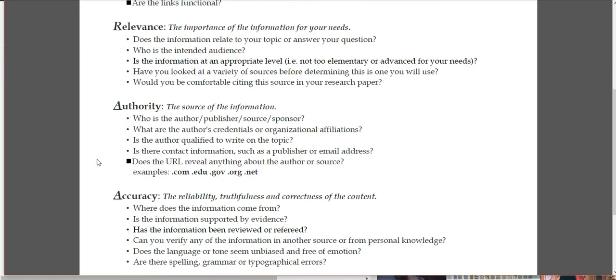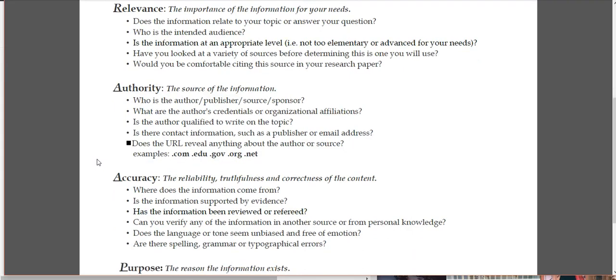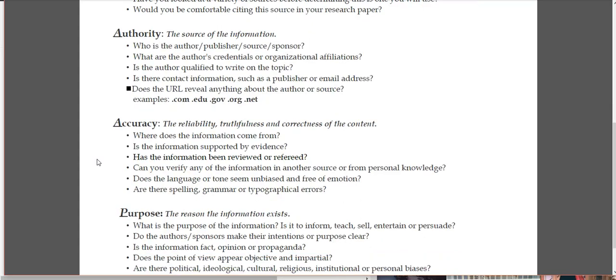Authority. This is the source of the information. Can you figure out who the author is, the publisher, the source, or the sponsor? What are the author's credentials or organizational affiliations? Is the author qualified to write on this topic?